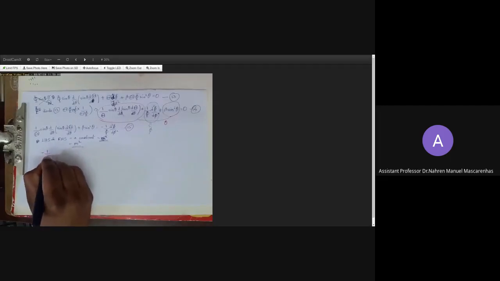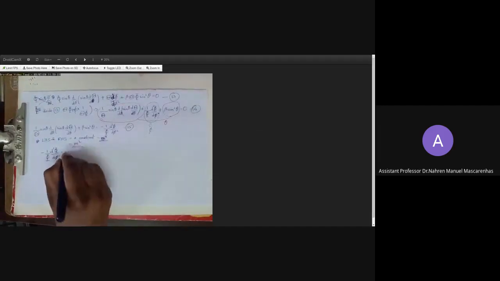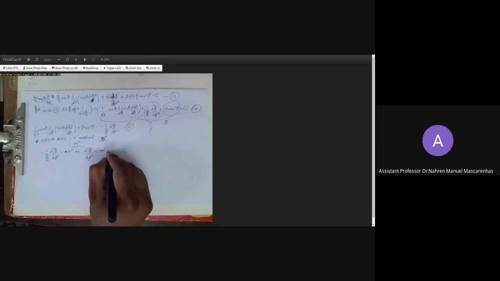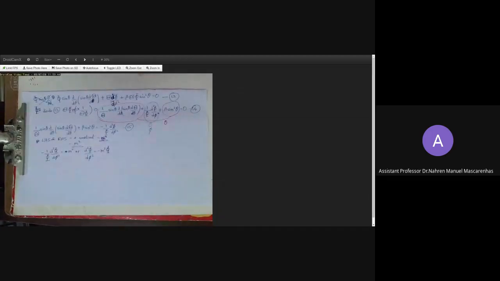So minus 1 by capital psi, d square capital psi by d psi square equals minus m square, or we can write this as d square capital phi by d phi square equal to minus m square capital phi. Okay, so clear, shall we go?